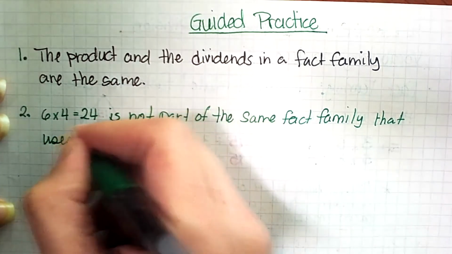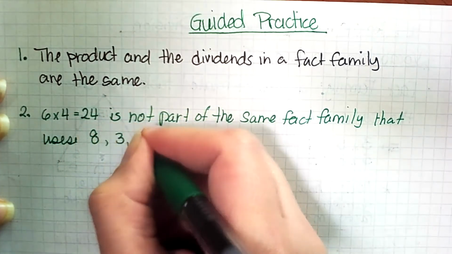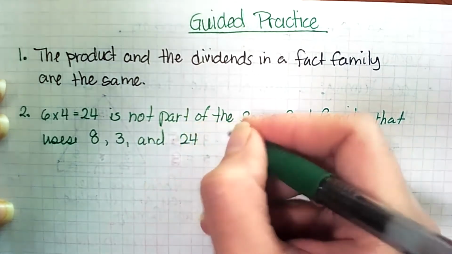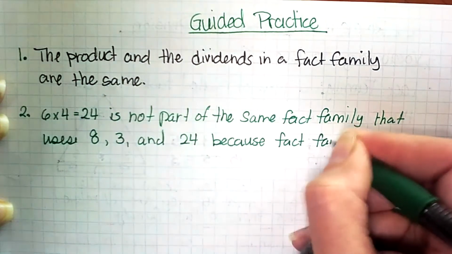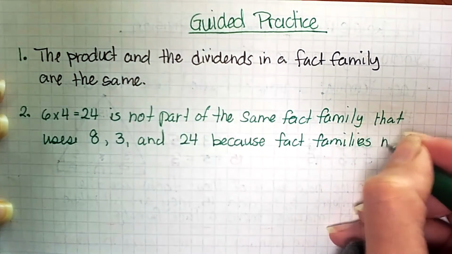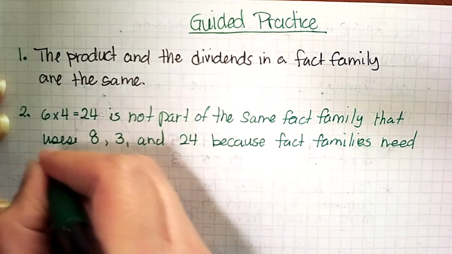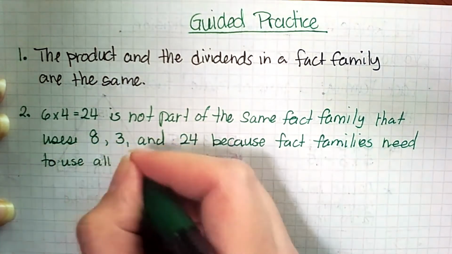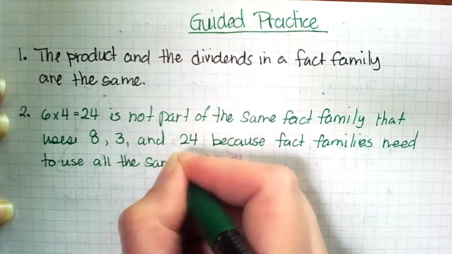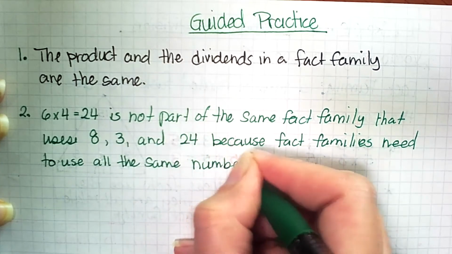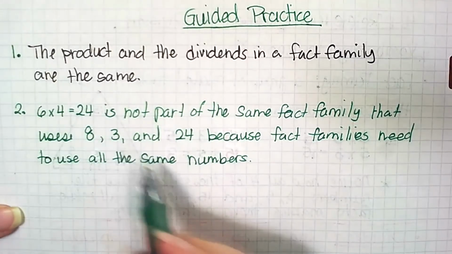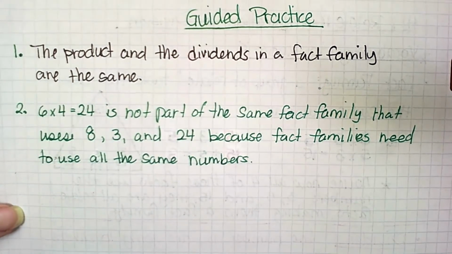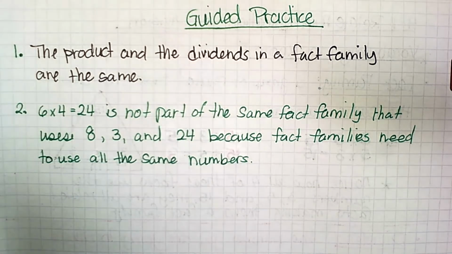That uses 8, 3, and 24 because fact families need to use all the same numbers. So I wrote it out. I put in my numbers. I gave an explanation. I explained using the facts that I know that these are not related. They are not part of the same fact family.